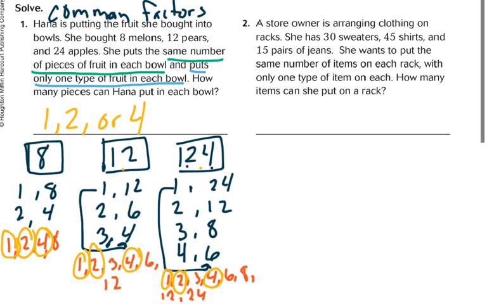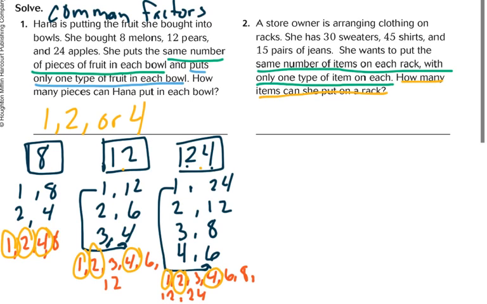All right, number 2. A store owner is arranging clothes on racks. She has 30 sweaters, 45 shirts, and 15 pairs of jeans. She wants to put the same number of items on each rack with only one type of item on each. How many items can she put on a rack?